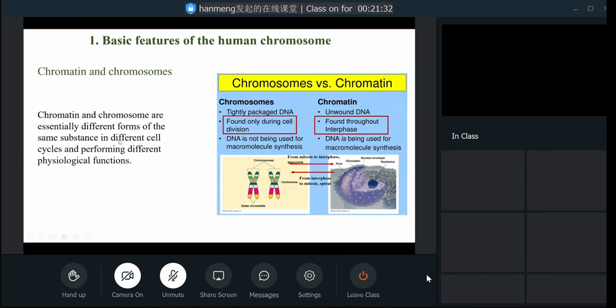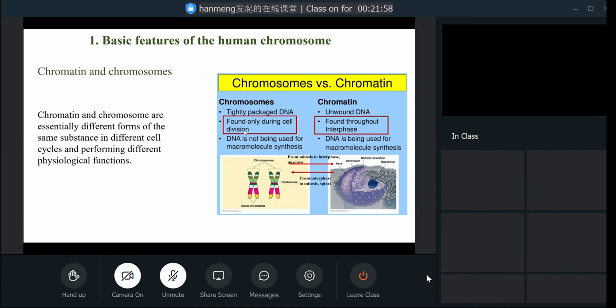They are the same substance in different cell cycles performing different physiological functions. From the picture, we can see the chromosomes are found only during cell division, because during cell division, the genetic materials in our cell must be divided into two daughter cells.